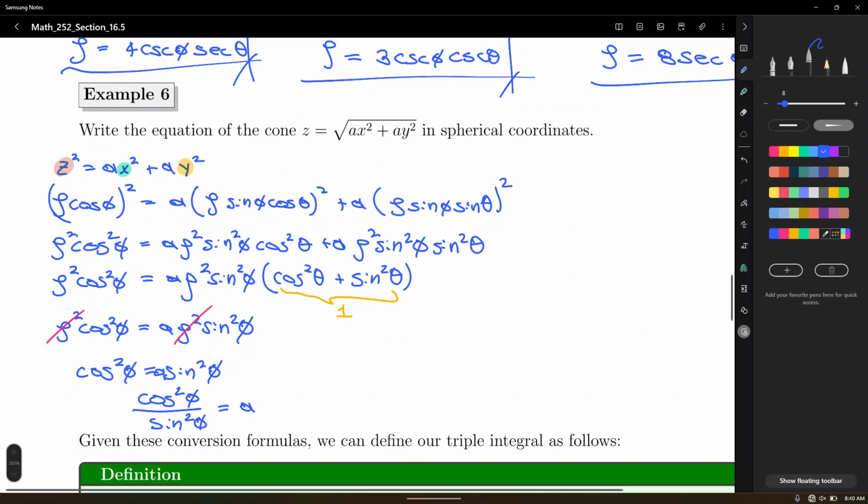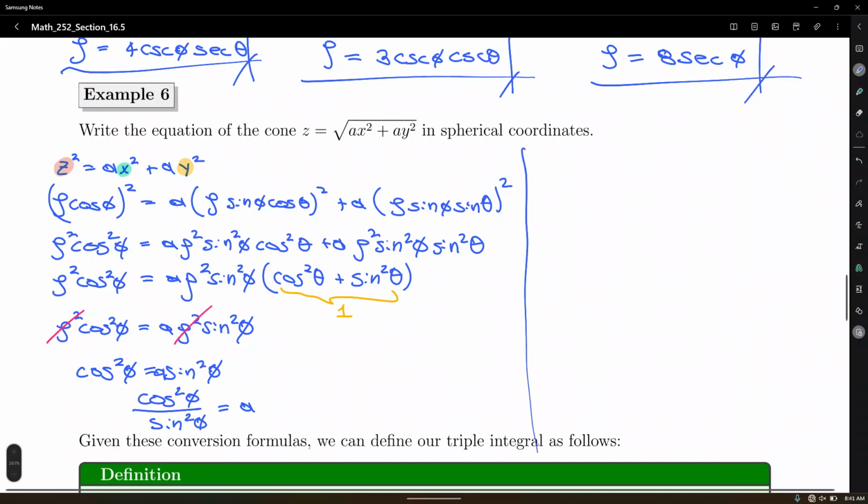I know what you might be thinking. Cosine over sine equals cotangent. But I'm going to use the tangent relation instead because it's going to be a lot easier. Let me continue on this side here. I'm going to write this as sine squared phi over cosine squared phi.